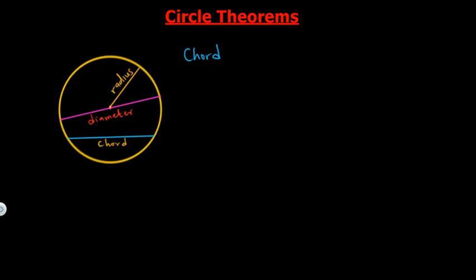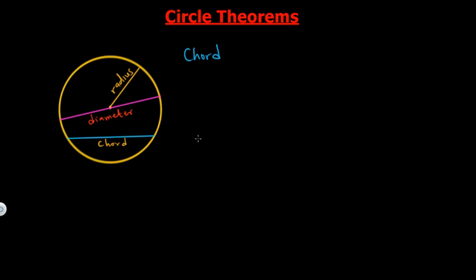So we know this: 2 times the radius will give us the diameter. A diameter is a chord that cuts a circle into 2 equal parts. So a chord is a line segment that joins any 2 points on the circumference of a circle.